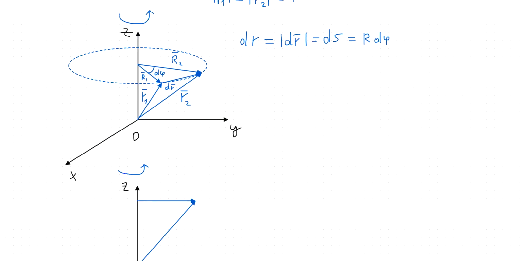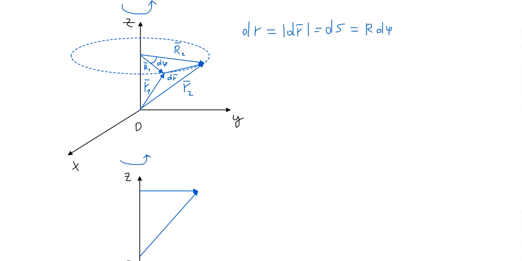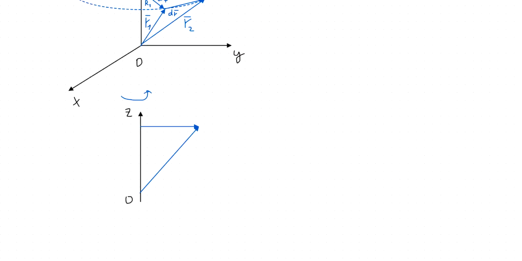So it is just a cross section of the picture that was shown above. We can notice that this is a right angle, and here we have some angle alpha, and here will be R, and here will be small letter r.